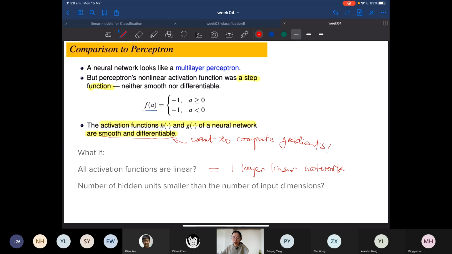If the number of hidden units is smaller than the number of input dimensions, we talked about an arbitrarily large number of hidden units, and they're quite powerful. If we restrict the number of hidden units, then this amounts to dimensionality reduction. Basically, we're reducing information rather than making the input richer. So we'll see more of that around PCA next week, right?